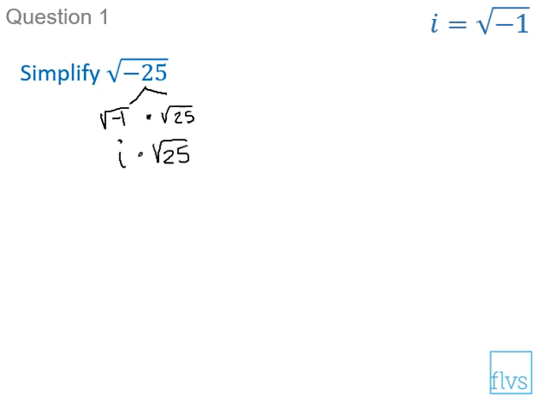And now we can take the square root of 25. What number multiplied by itself gives 25? 5 and 5, which means it would be 5.